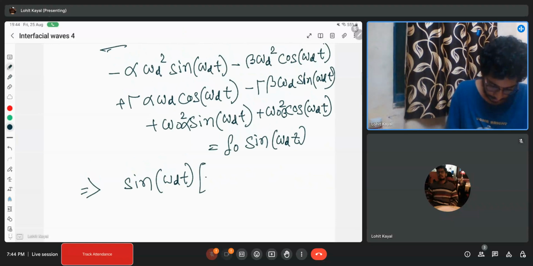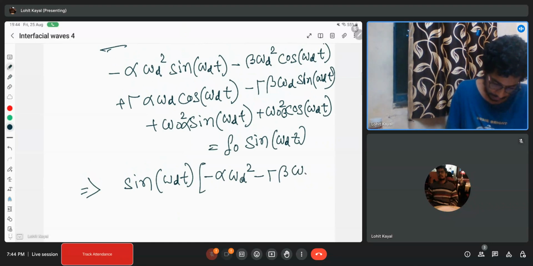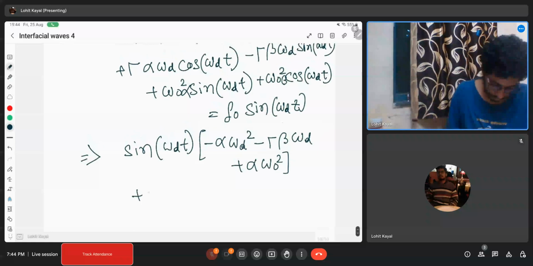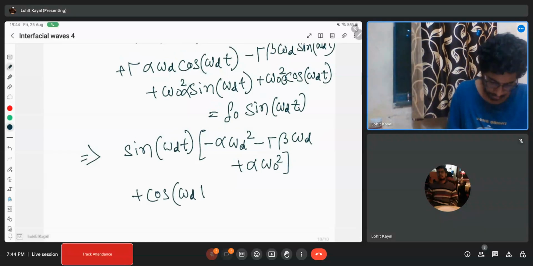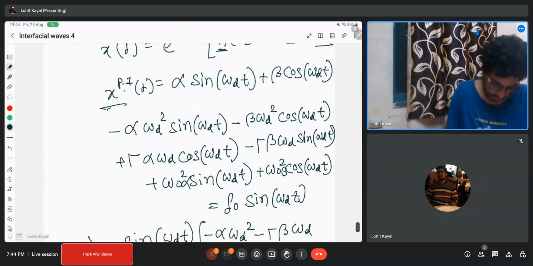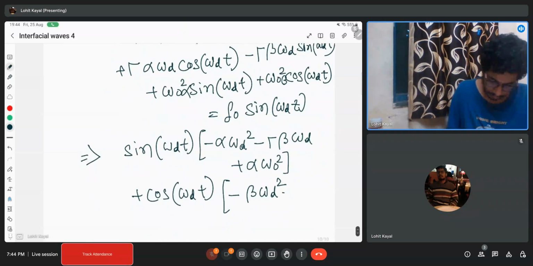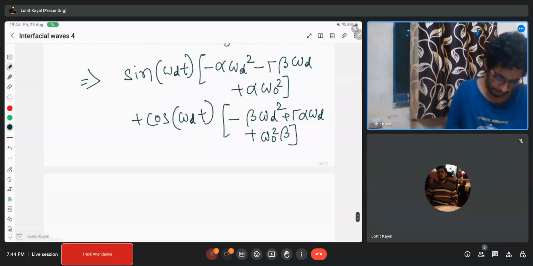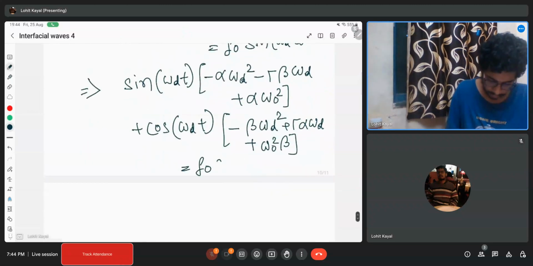It will be sine omega d t times minus alpha omega d square minus gamma beta omega d plus alpha omega 0 square, plus cosine omega d t times minus beta omega d square plus gamma alpha omega d plus omega 0 square beta, is equal to f naught sine omega d t.